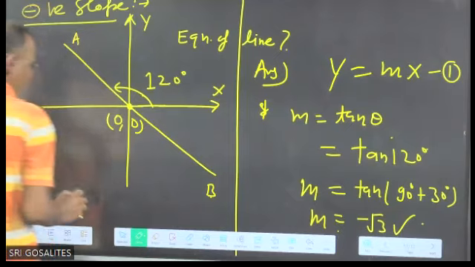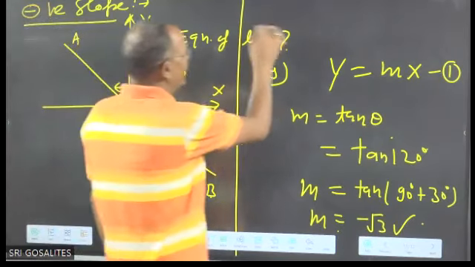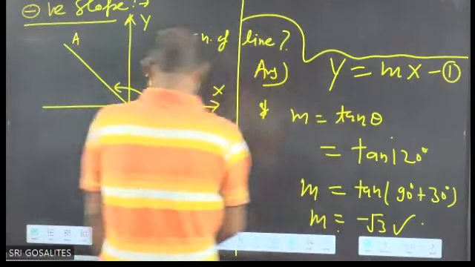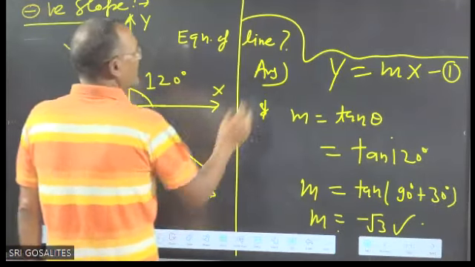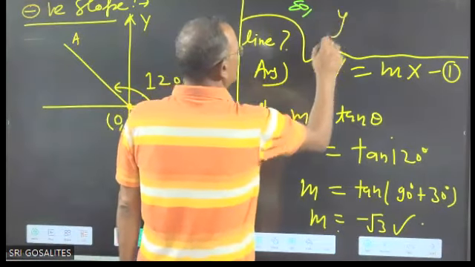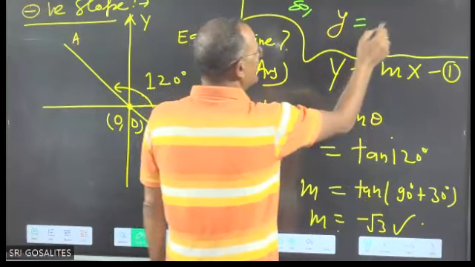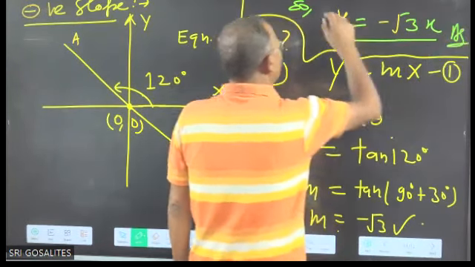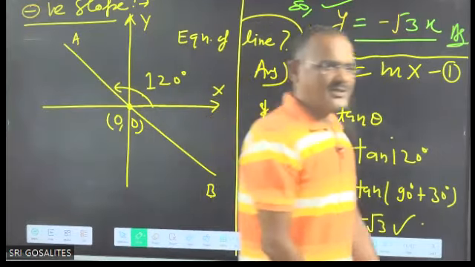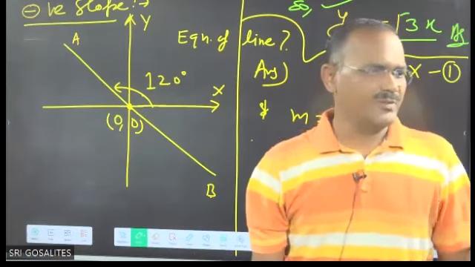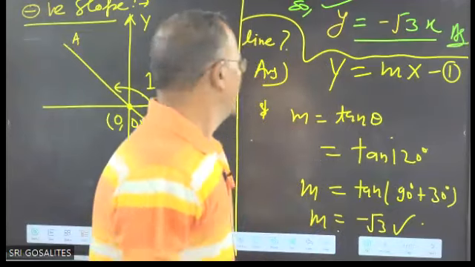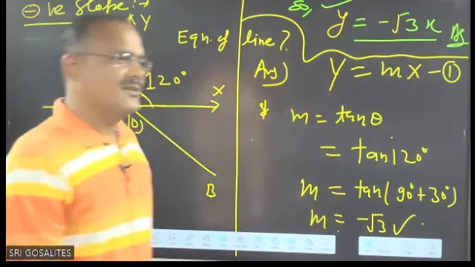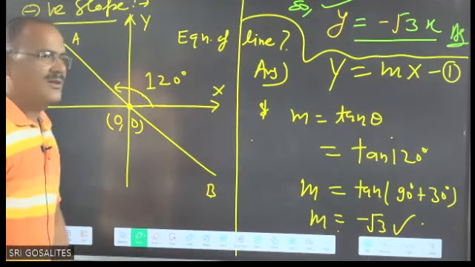So what is the equation of the line? Let us write here: y equals minus root 3 into x. That's the answer. Good, nice.